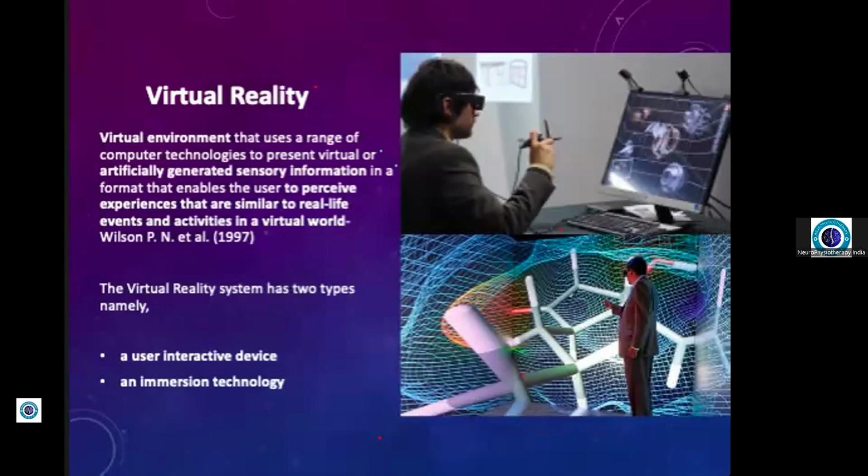The user interactive device can be a robotic hand or a joystick or other types of sensors, motion sensors, which can interact with the virtual environment, or it can be an immersion method, which usually utilizes a big VR headset that you might have seen, as you're seeing on the screen, with the guy standing in front of a big screen.